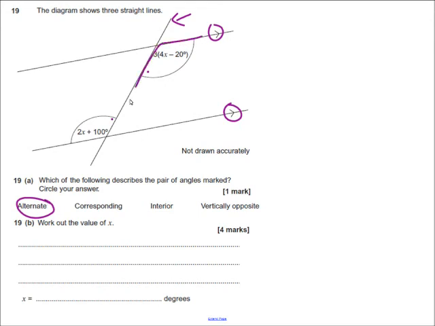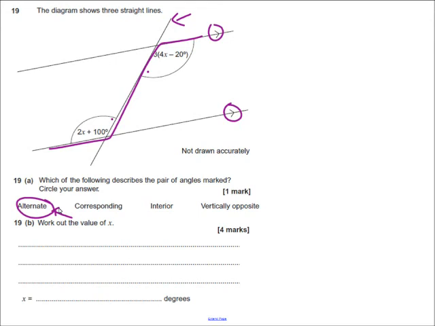Sometimes people call it the Z angle, but in maths you haven't been given the option of the Z angle, and they ask you to call it by its proper name, which is the alternate angle. Question 19b is asking us to work out the value of x.